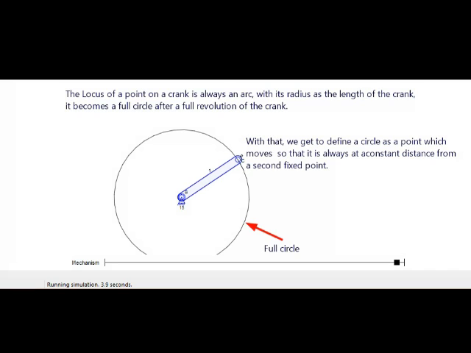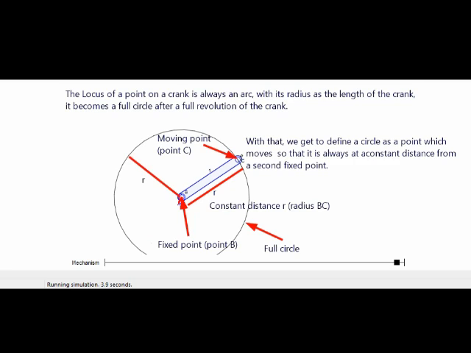The second point is fixed, so it does not move. You can see the point that moves is point C, the point that traces out the path. The fixed point is point B. So point C moves so that it's always at a constant distance from point B, and the constant distance is the radius BC, which at any point is always R.